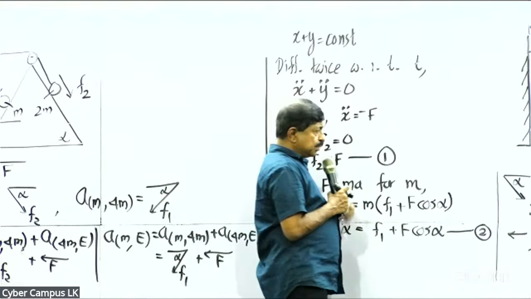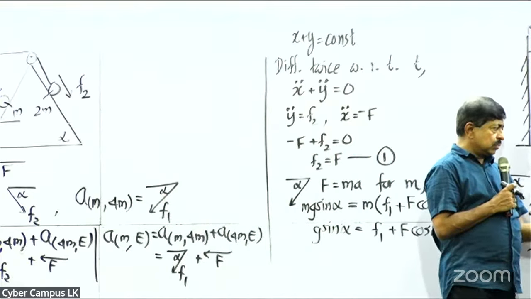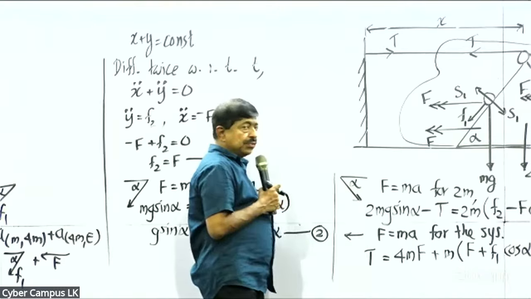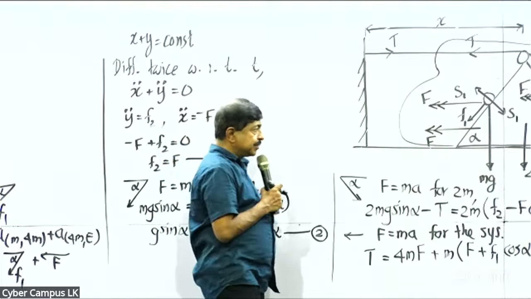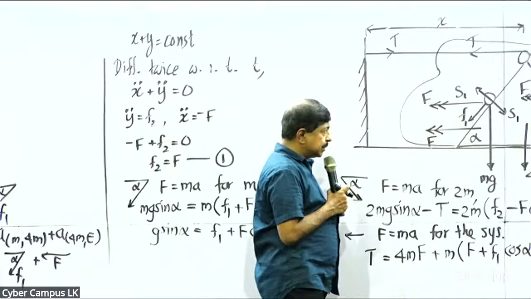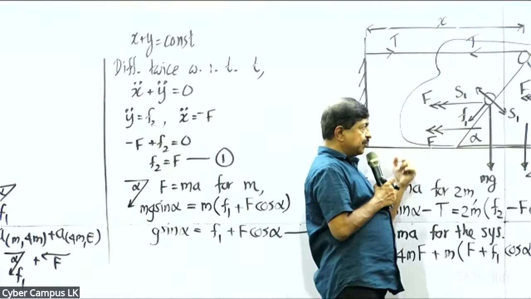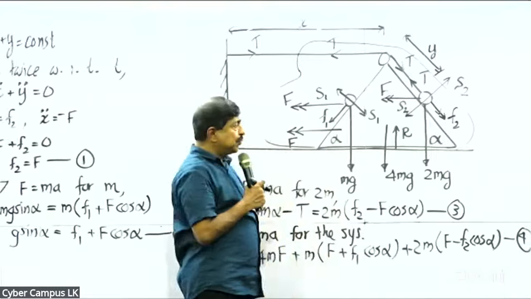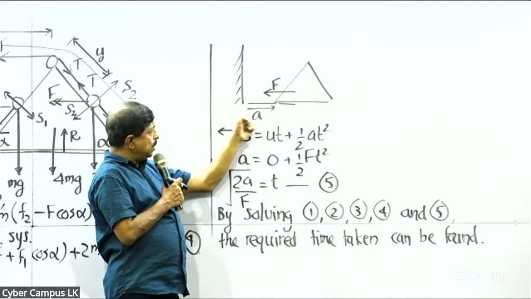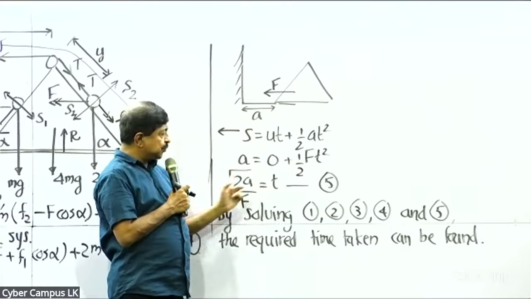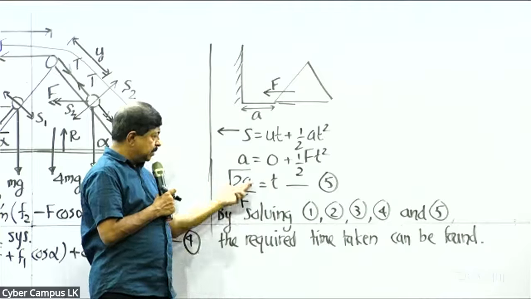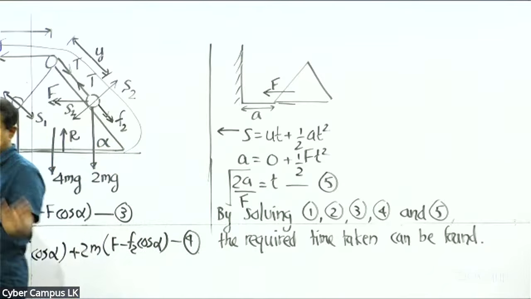Then you apply, in the usual fashion, Newton's law without getting reactions involved. So after obtaining the fourth equation, you should be able to find capital F. Now that's not it. You need to find the time taken for this to collide with the wall. So apply this equation as your fifth equation. Now once you know what F is, you can find the required time taken. Okay, you take that down.